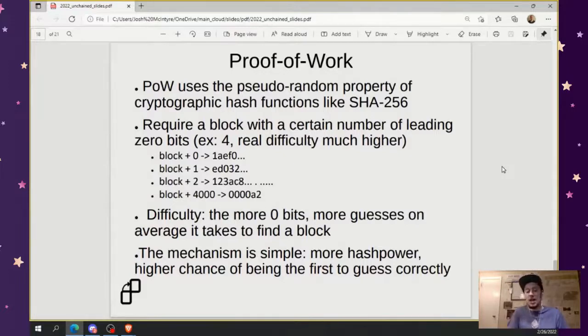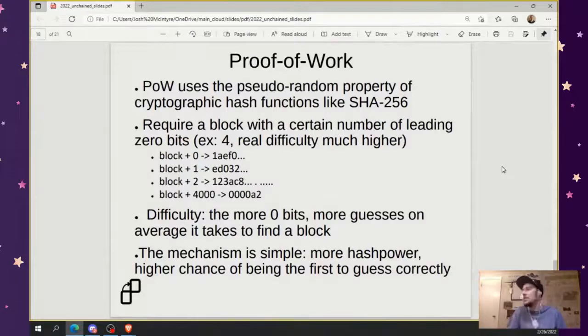Other blockchains like Litecoin and some others use password generation functions and that sort of thing. There are lots of different hashes that have this property of cryptographically secure pseudo-randomness. So for proof of work, we require a proposed block from a miner to have a certain number of leading 0 bits. Say, for example, we want to have 4 leading zeros in our hash.